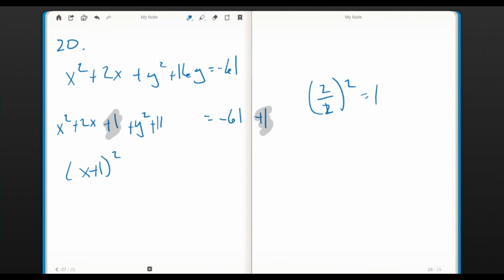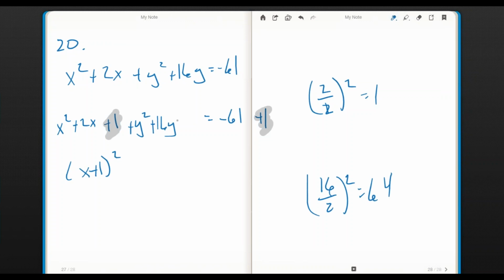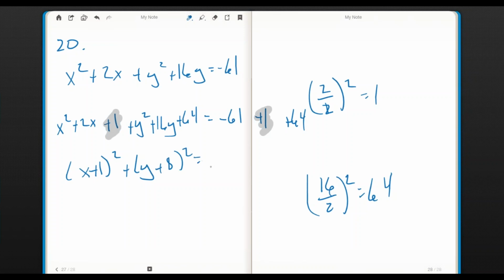The y squared plus 16y, 16 divided by 2 is 8, squared is 64. So when I add 64 to both sides, this one becomes y plus 8 squared, and this will give me a positive 4.